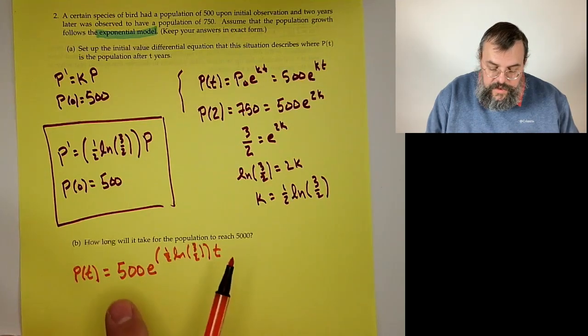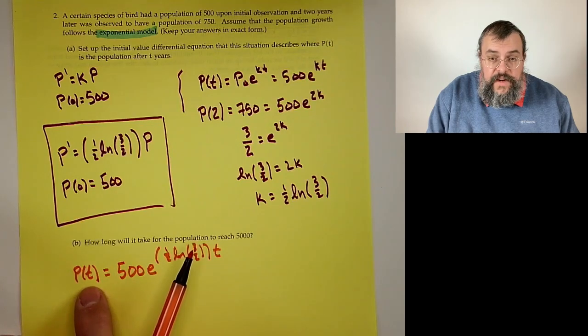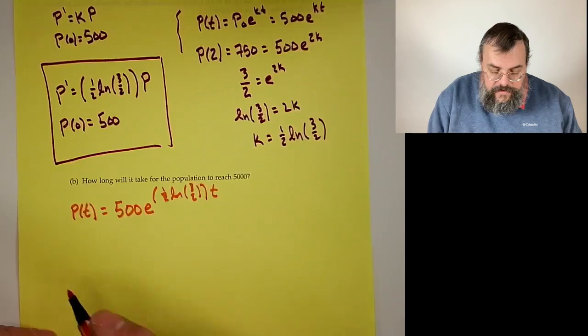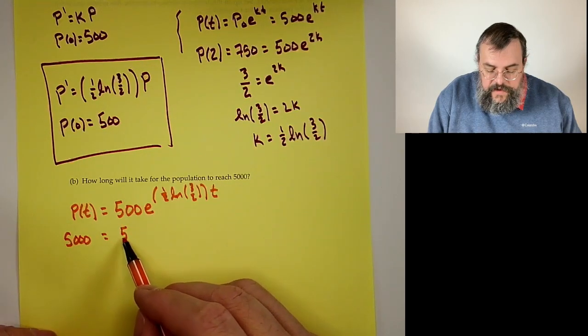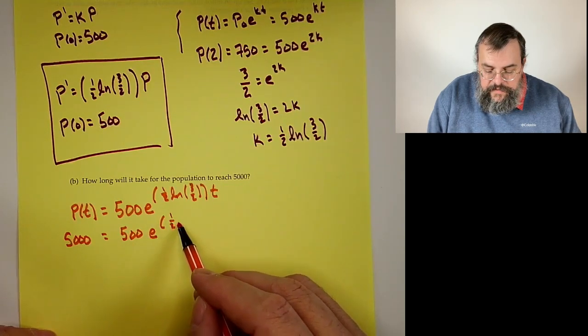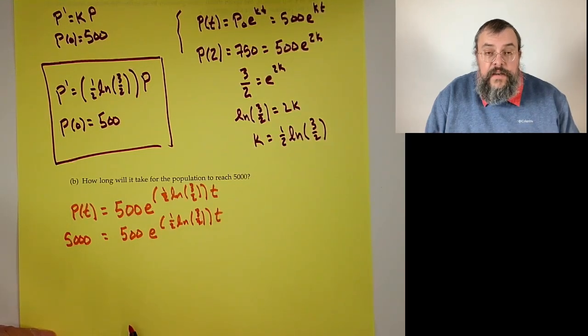And what do we want? We want to get our population to 5,000. So we're going to put P of t to be 5,000 and solve for t. So we need 5,000 is equal to 500 times e to the 1/2 natural log 3/2 times t.